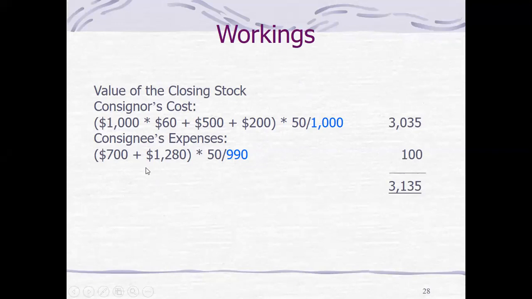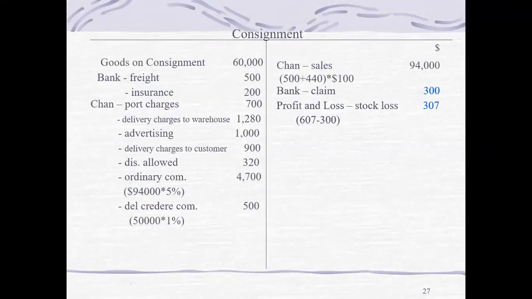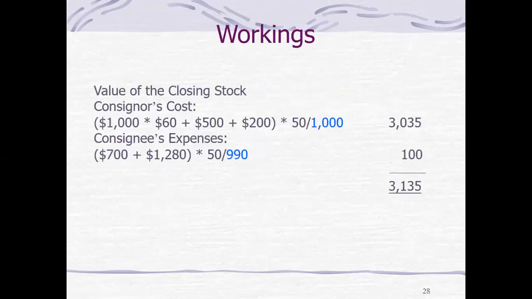We can notice for consignee's expenses, we have 700 and 1,280, which are also directly attributable costs, which are reimbursable on the part of the consignee to be deducted from the net proceeds, the sales of 94,000. And then these are the only two costs out of these costs and expenses which are to be added to cost of inventory, because the rest are marketing expenses, which are operating expenses or period costs. So that's why the total cost of the closing stock or the units in the ending inventory will be 3,135.